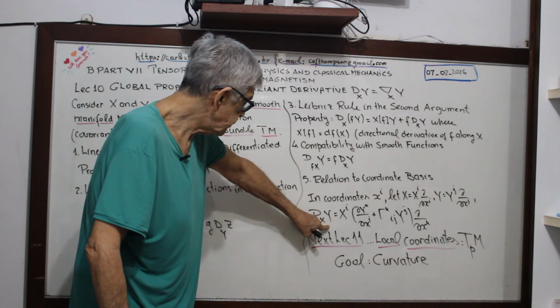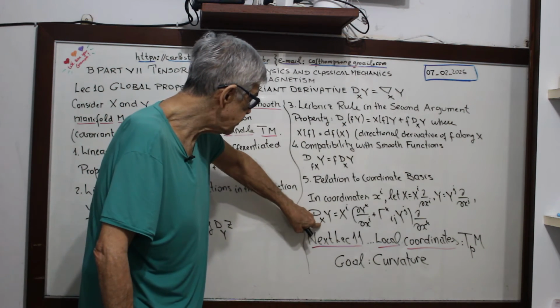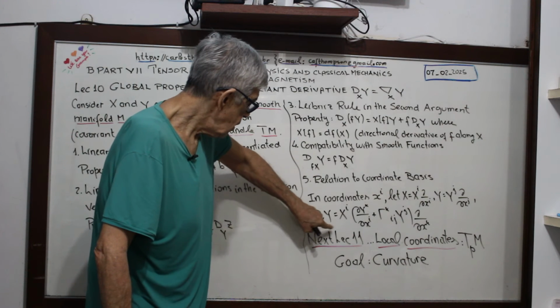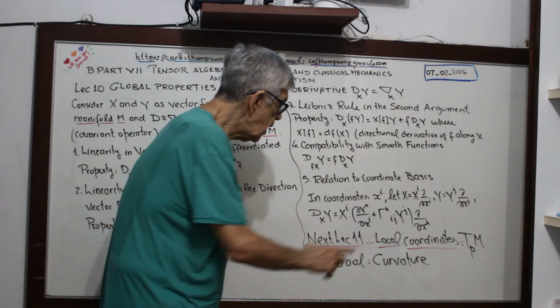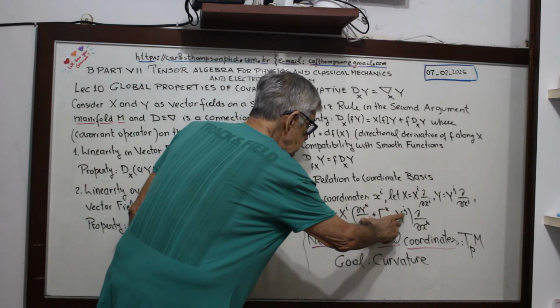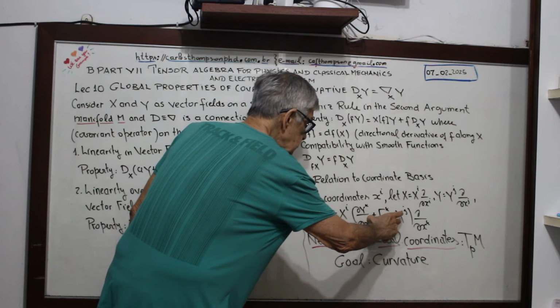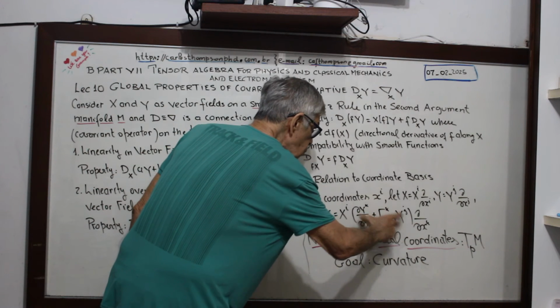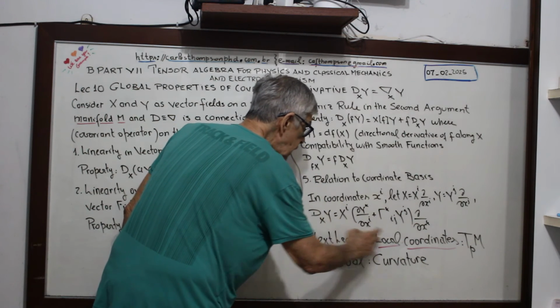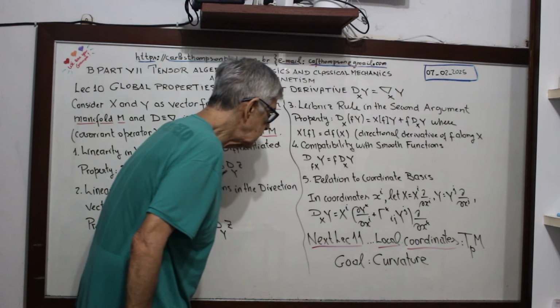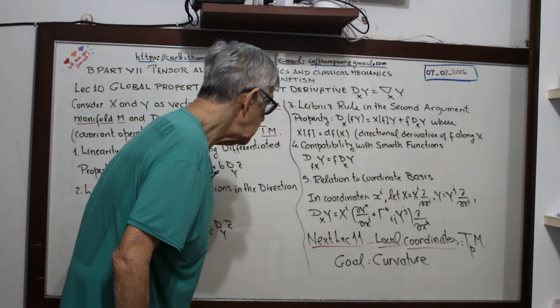So D_X of Y, the covariant derivative in this case of Y, is X^i. Now I plug in over here the covariant derivative of Y, in this case with the partial_k.